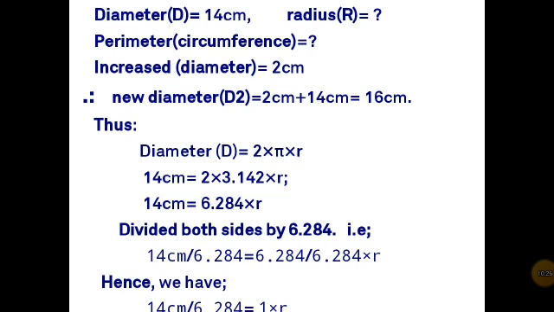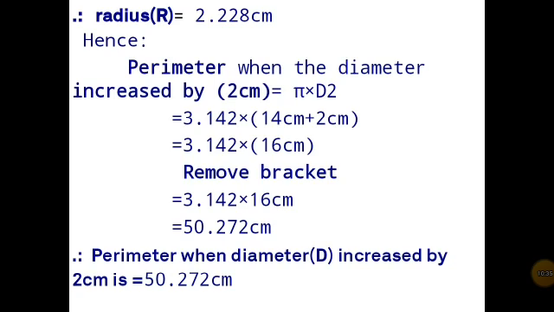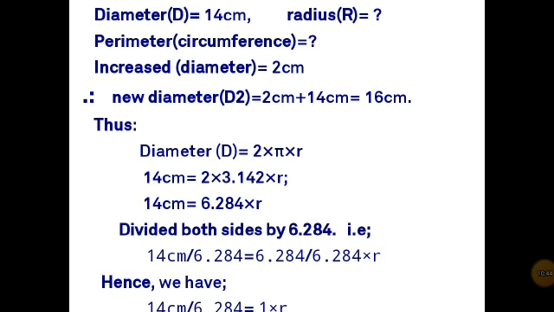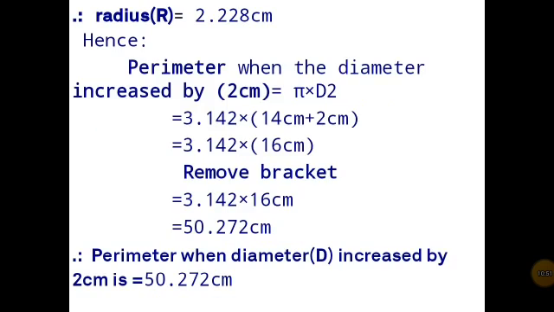Then this place will now be 14 centimeter over 6.284 equals 1 times r. Now on our next slide, we have radius equals 2.228 centimeter. You can see the answer is gotten from 14 centimeter divided by 6.284, which equals 2.228 centimeter. When you divide that by 1, you still have 2.228 centimeter.